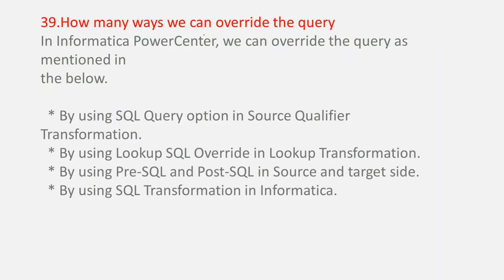How many ways can we override the query, which is very important. In Informatica PowerCenter, we can override queries as mentioned below: by using the SQL query option in the source qualifier transformation, we can give the SQL query, and depending on that query we retrieve the data from source to transformations and transformations to target.